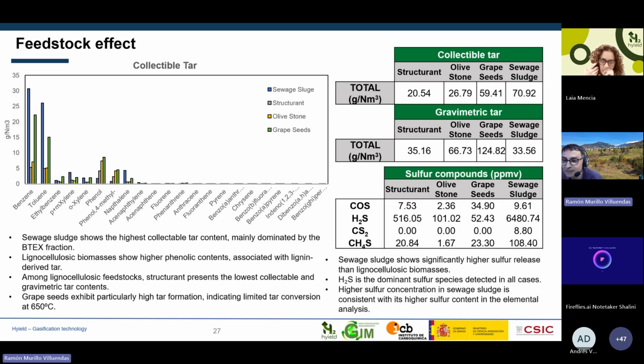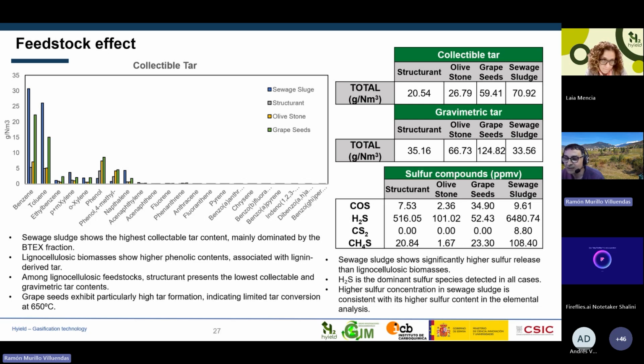Regarding sulfur compounds, clear differences are observed depending on the feedstock. Sewage sludge shows a significantly higher sulfur release compared to lignocellulosic biomasses. This behavior is directly related to its much higher sulfur content, as evidenced by the elemental analysis.